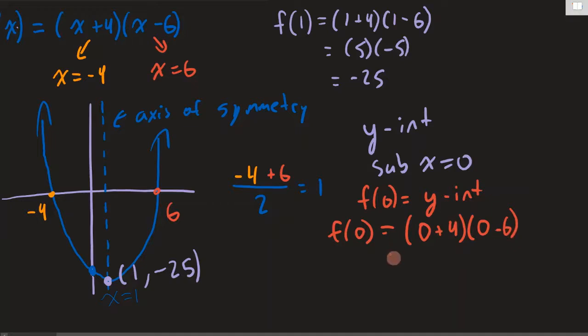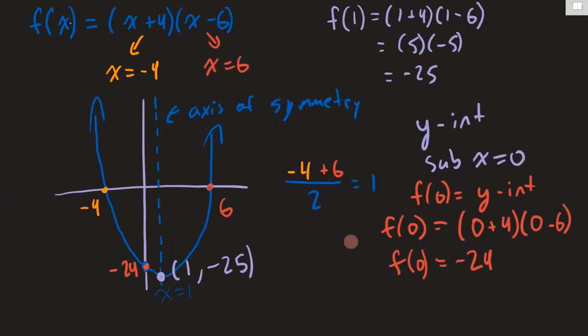Positive 4 times negative 6 is negative 24. So f of 0, which is our y-intercept, is here at negative 24. And there you have it. We've sketched this quadratic with all of the most interesting points, the points we generally care about the most: the vertex, both x-intercepts, and the y-intercept.